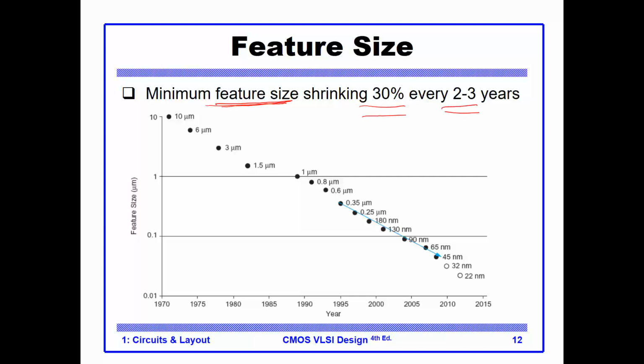So if we have a transistor feature size of 1 micron, after 2 to 3 years, we can shrink it to 0.7 micron, etc. That ability to shrink the transistor has helped to pack more and more transistors in our devices. And again, it's almost like decaying exponentially.